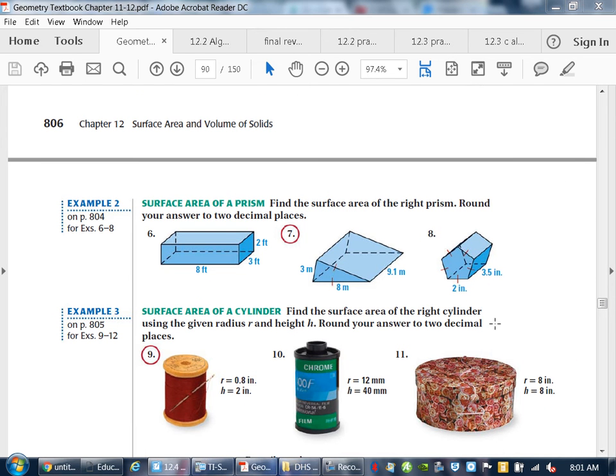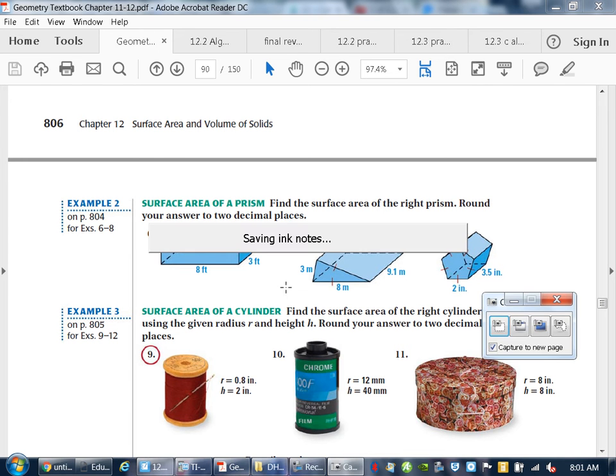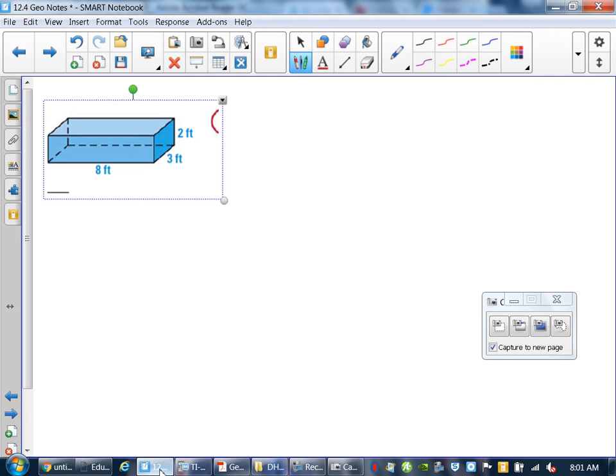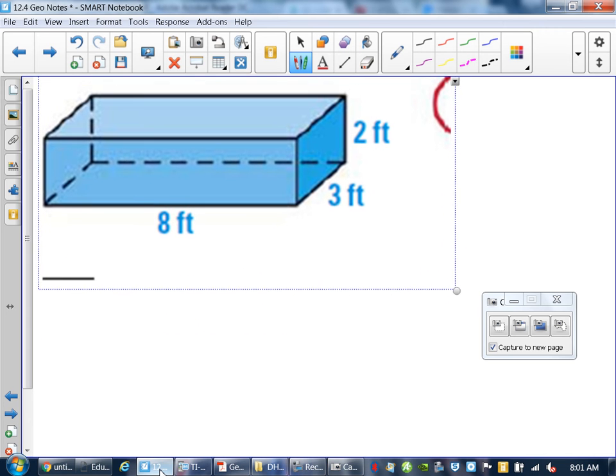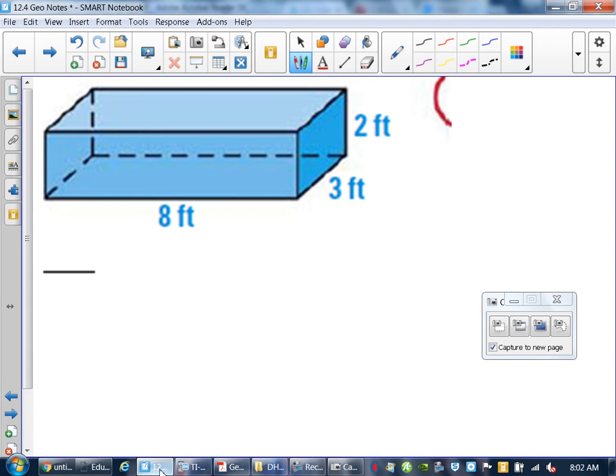If you go back to one like this, do you agree that that is a rectangular prism? Okay.